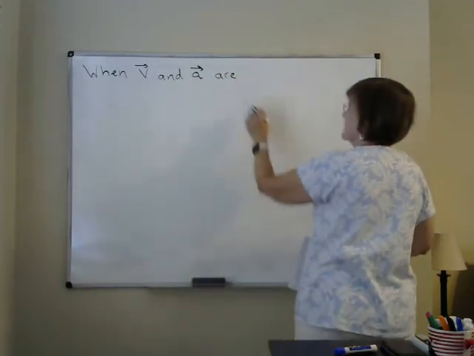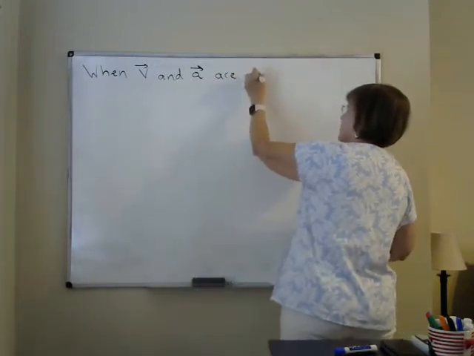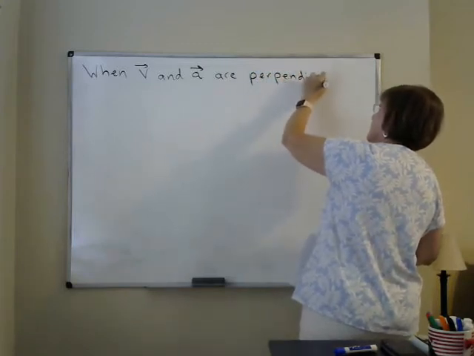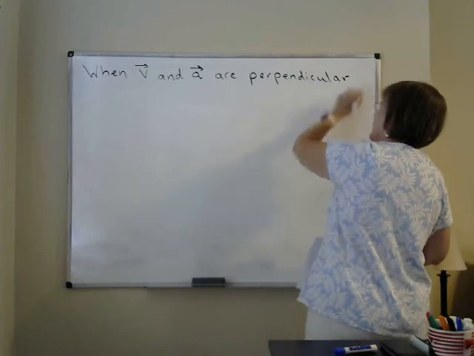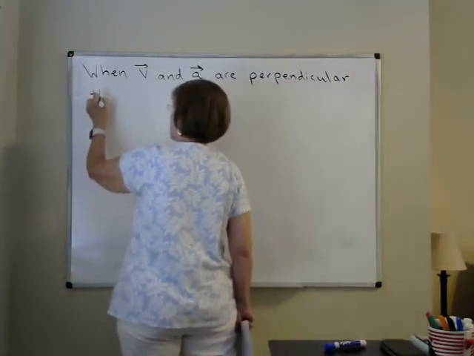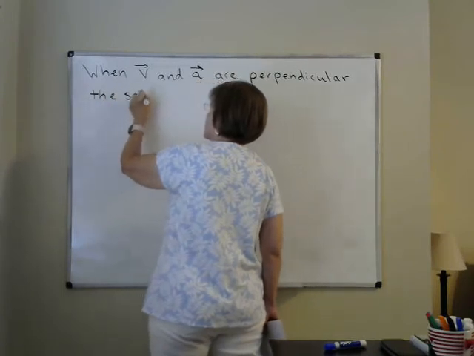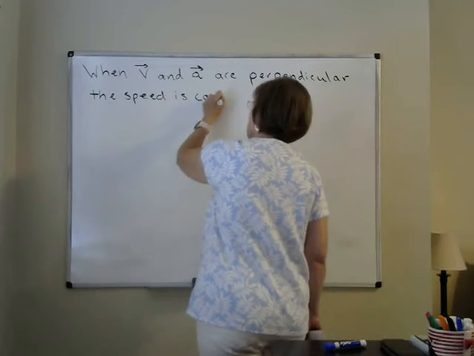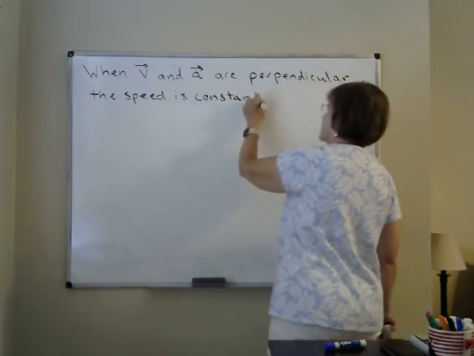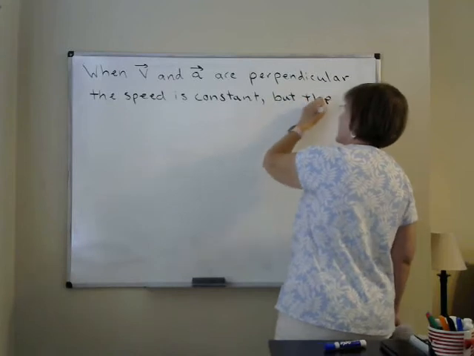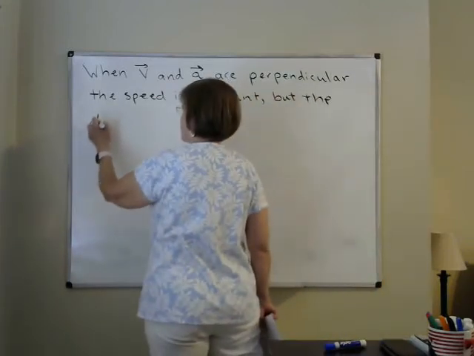When the velocity and acceleration are perpendicular, that means they're at right angles. What you see is that the speed is constant, but the direction changes.